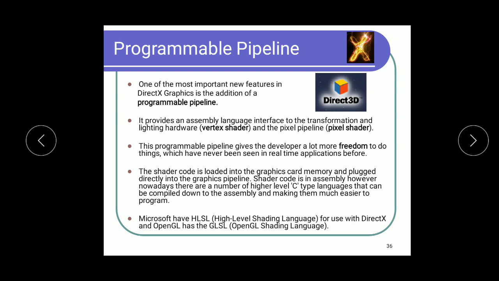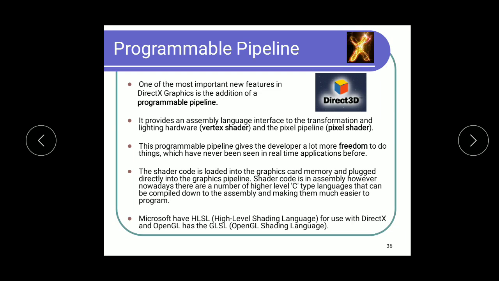This programmable pipeline gives the developer a lot more freedom to do things which have never been seen in real-time applications. The shader code is loaded into the graphics card memory and plugged directly into the graphics pipeline.